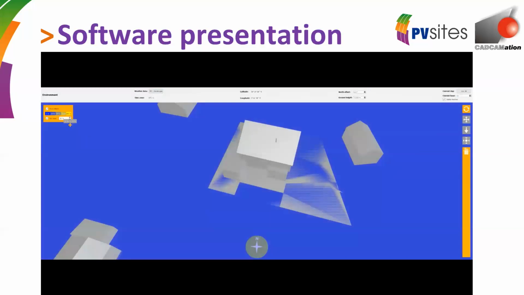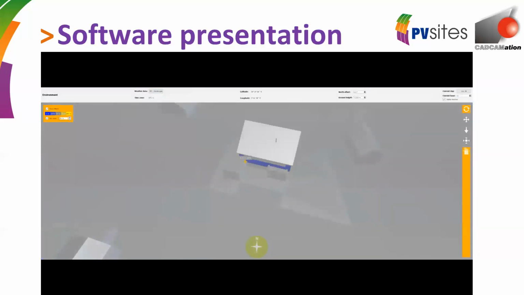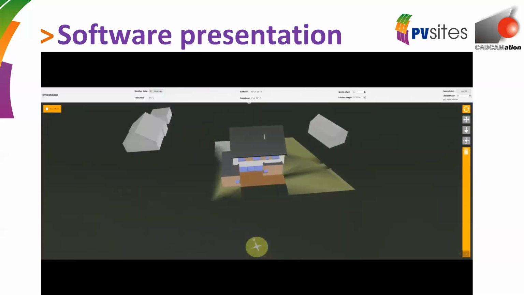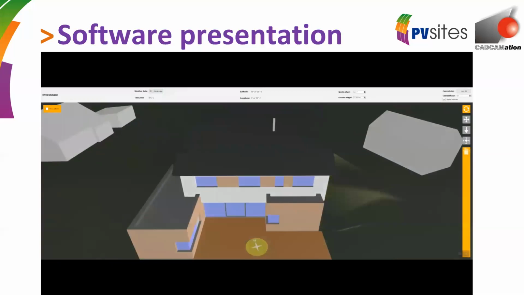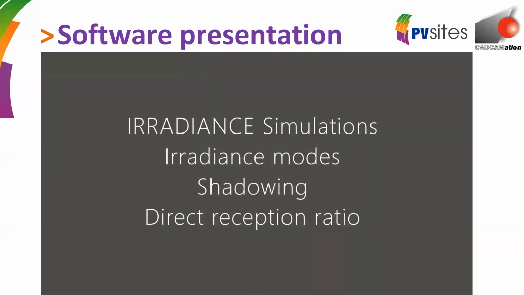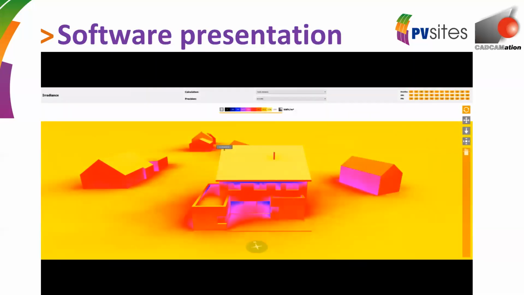We are able to detail also albedo effects by setting the values for albedo for surroundings and even other buildings or parts of your building. And then you can run a radiance simulation to understand much more about the shading effects or the potential you can get from, in this case, your roof.